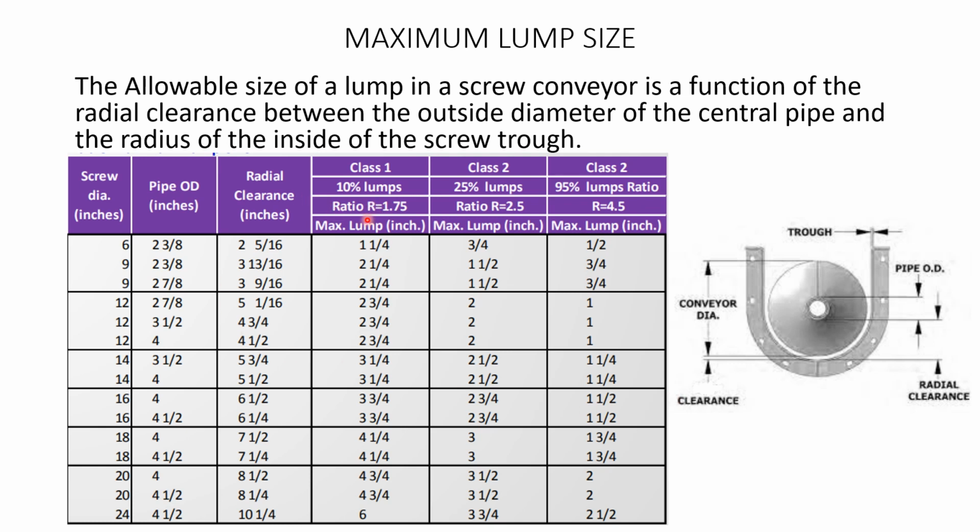If you see, it is given ratio R: 1.75, 2.5, 4.5. So what is R? R is the ratio between radial clearance and lump size. Depending upon the radial clearance, we will select the lump size. Depending on lump size, we'll define the radial clearance, and we'll define the class of the material.